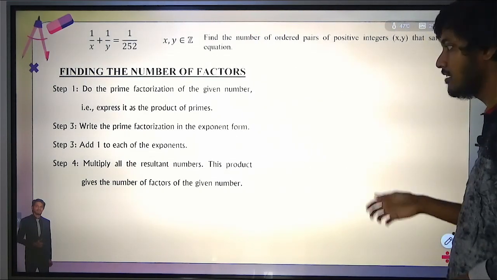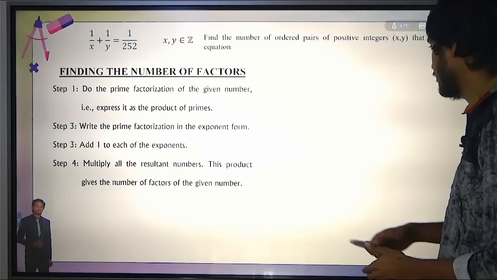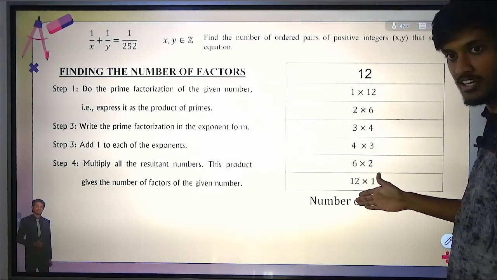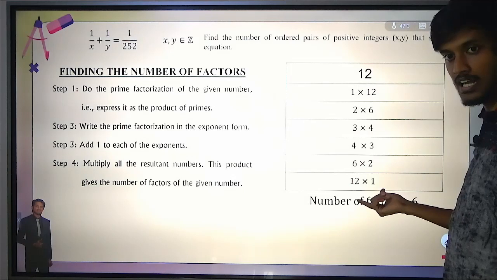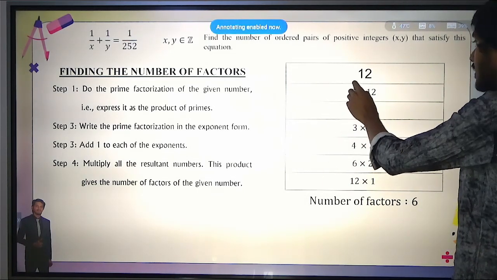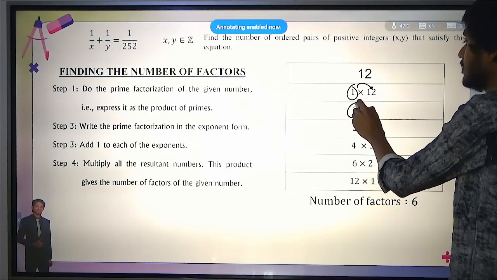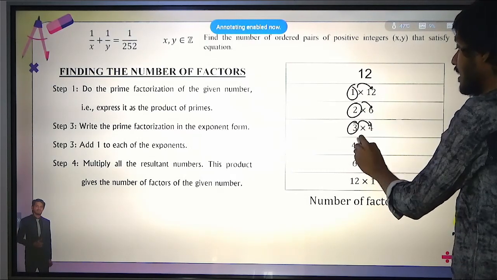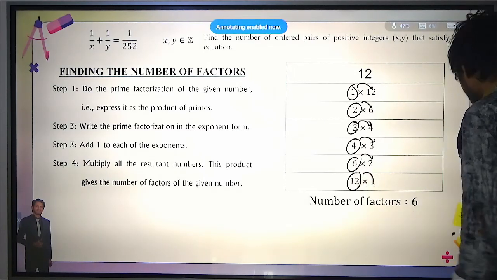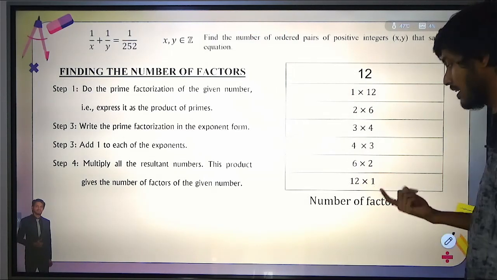Now let us see how many factors are there for 12. So there are 1, 2, 3, 4, 5, 6 ways of writing 12 as a product, because a number is multiplied by another whole number to get 12. So there are 6 such different numbers. Therefore, the number of factors for 12 is 6.